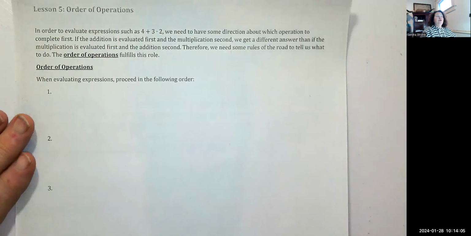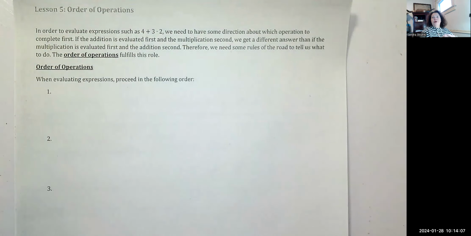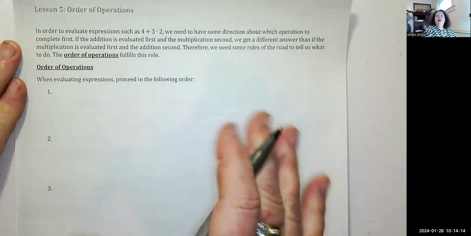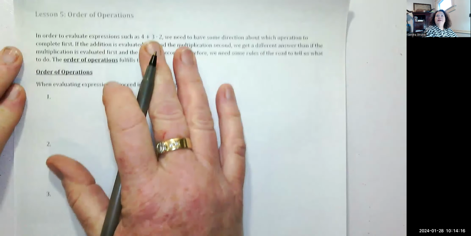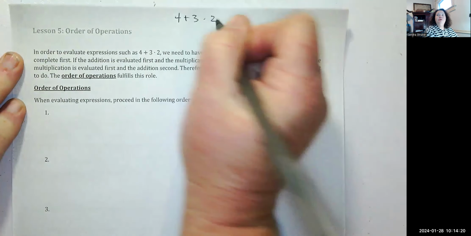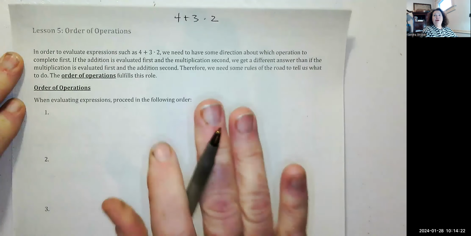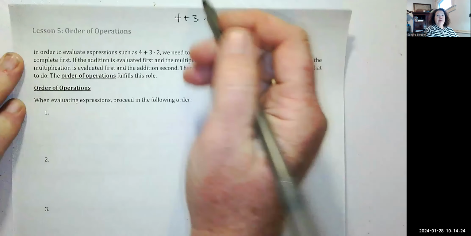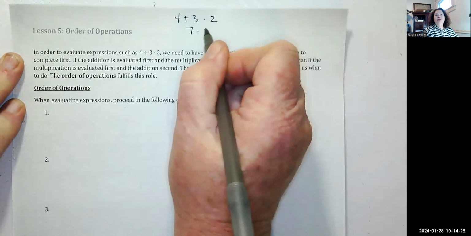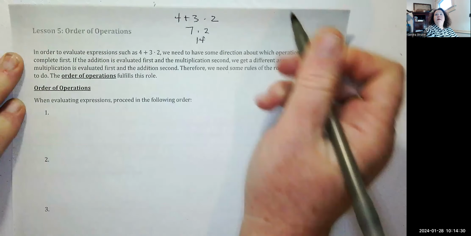And so, order of operations, some of you have heard of PEMDAS, and I'm going to be describing that as we go here. But just to show you what they're referring to, if you've got 4 plus 3 times 2, please don't write this down. This is just for you to visualize. If you go 4 plus 3 first, that's 7 times 2, which is 14.